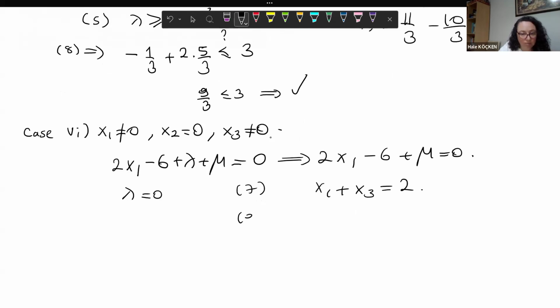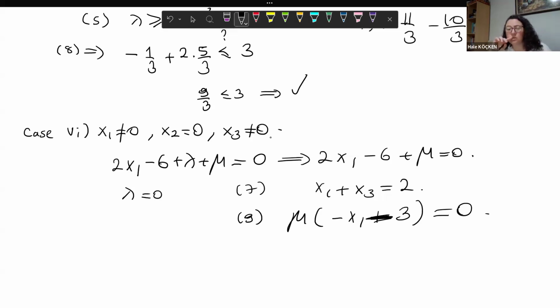From 9, I can write mu times minus x1 plus 2x2. There is no 2x2 because it is 0. Minus 3 is equal to 0. I write the equalities there. Let me check the whole idea.